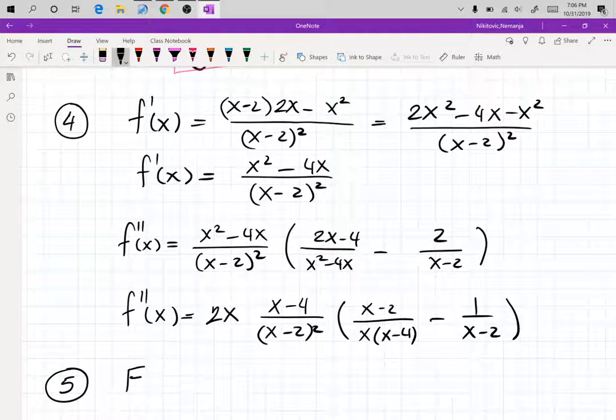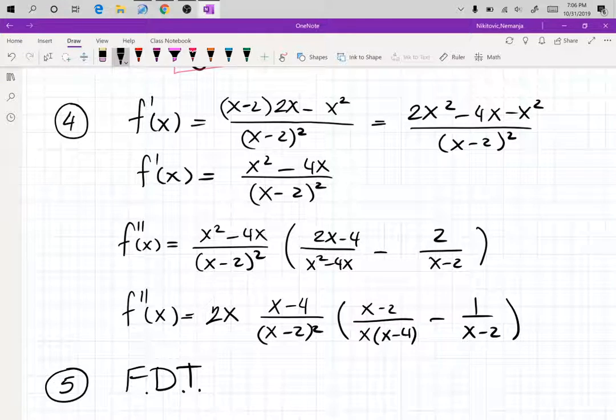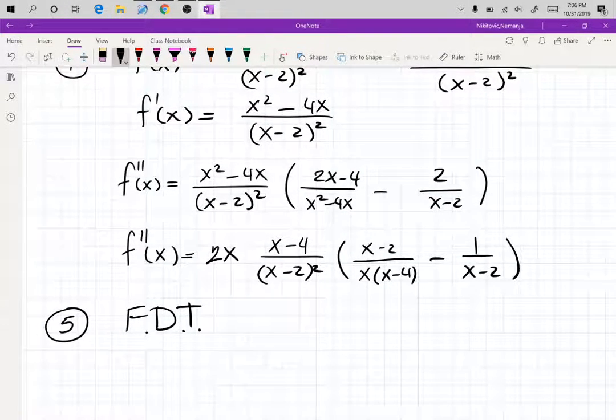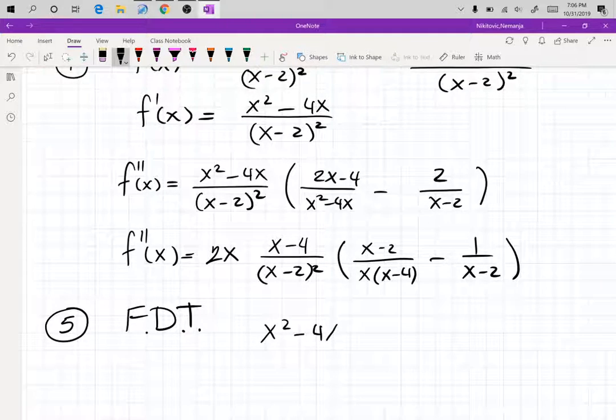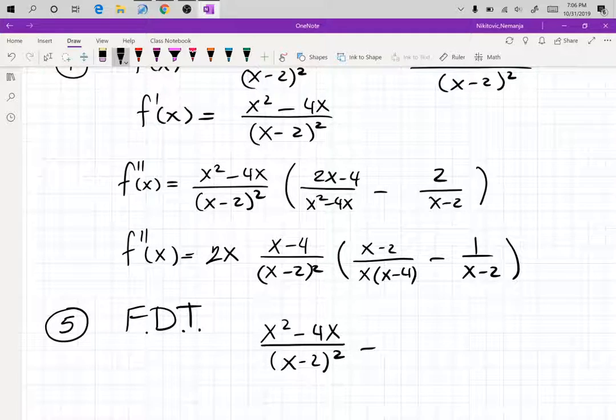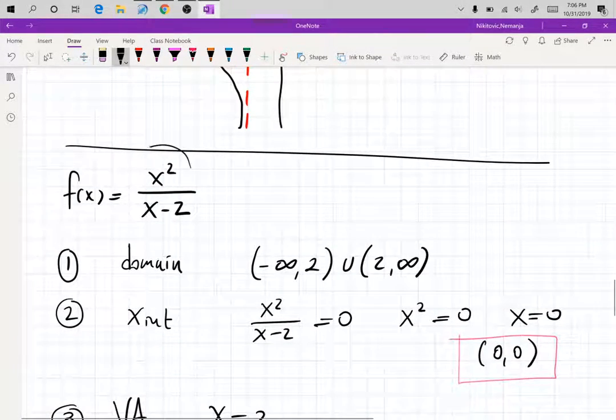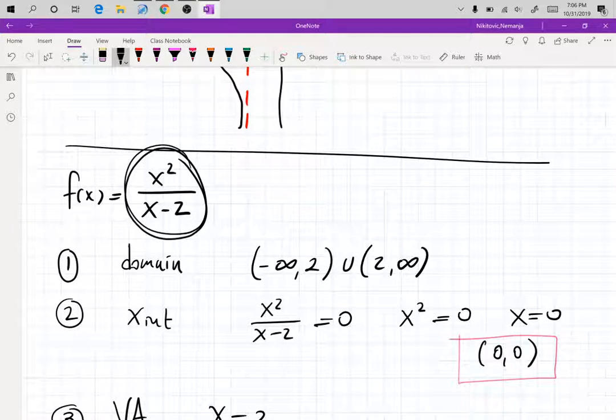Number 5, first derivative test. We have our first derivative, and we set that equal to 0. By the way, do we still remember what the problem looked like? Yeah, okay, just want to make sure that we are all on the same page over here.